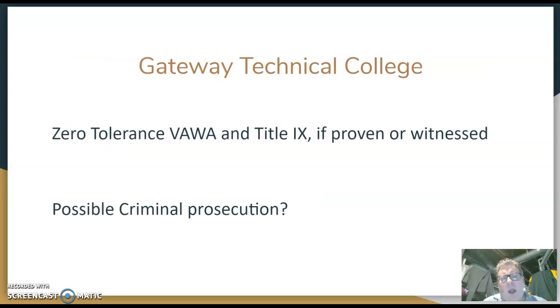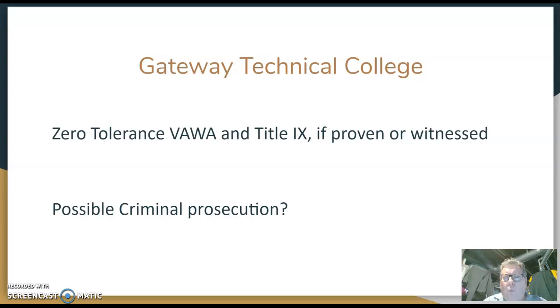At Gateway Technical College, as I've mentioned, applicable harassment and sexual abuse types of legislation. I will note that we have a zero tolerance policy towards sexual assault and sexual harassment within our Title IX guidelines provided in our policy, also our student handbook.